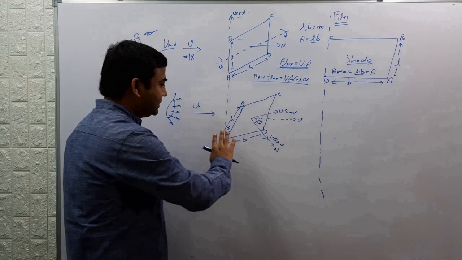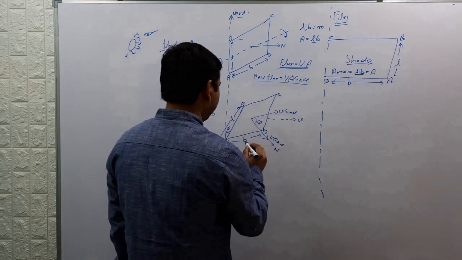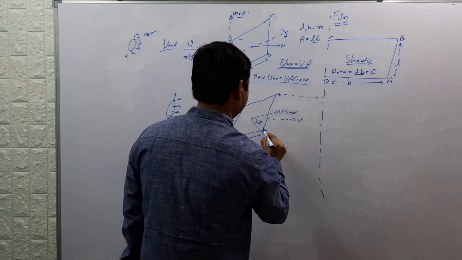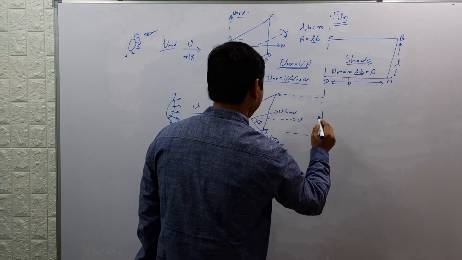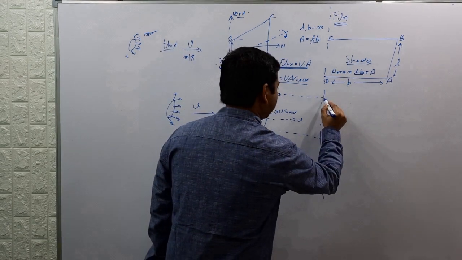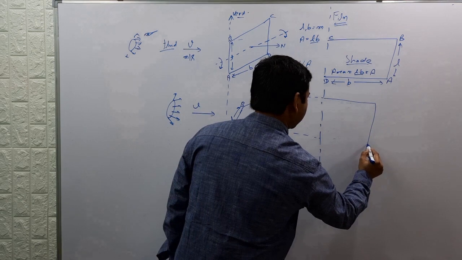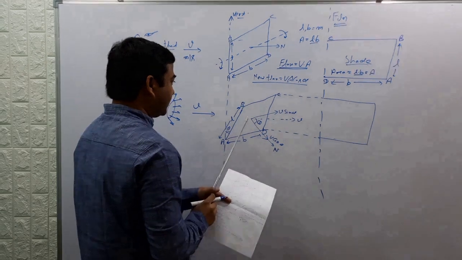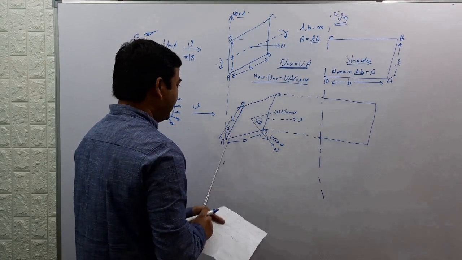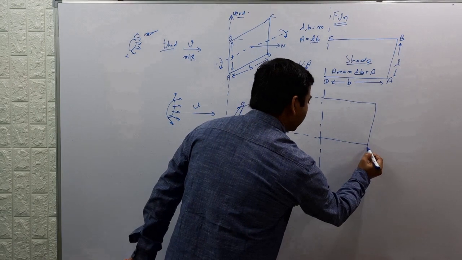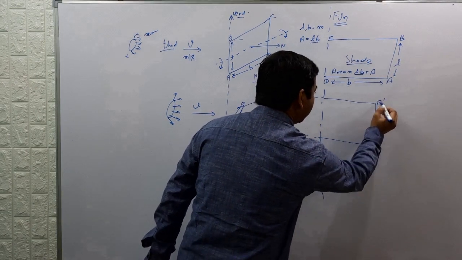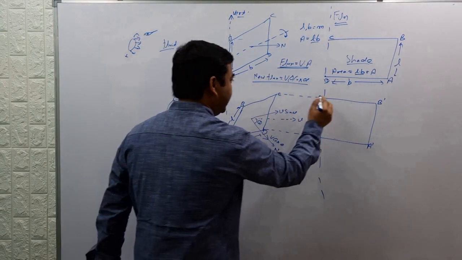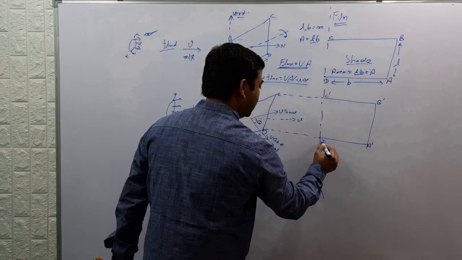Now the shade of this area: let the points A, B be called A dash, B dash on this shape. Similarly, points C and D are called C dash, D dash.